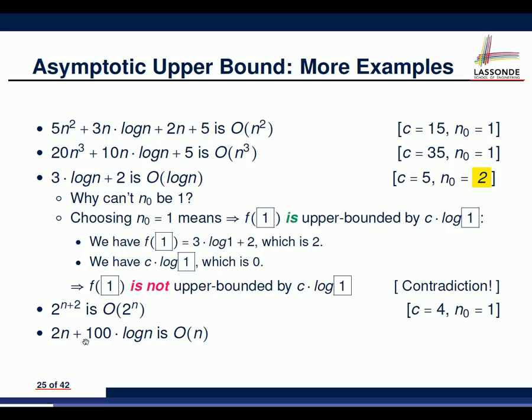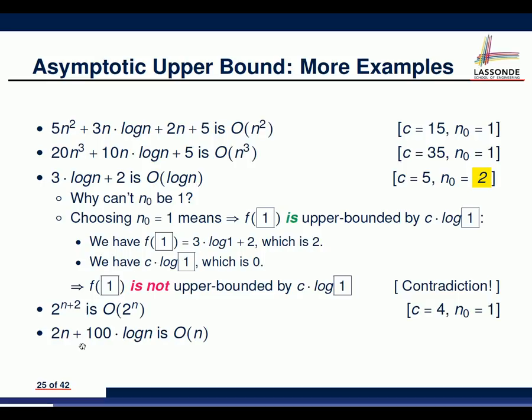When n0 is equal to 1, what's going to happen? What constant would you choose? You would choose 2 plus the multiplicative constant, in this case 2 plus 100, 102. Agree? If I choose 102, let's do this together.